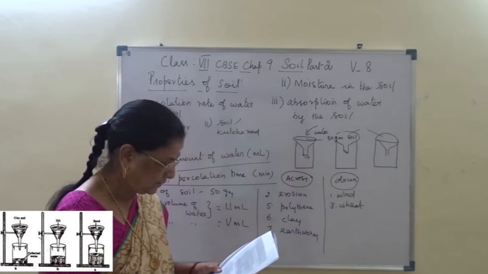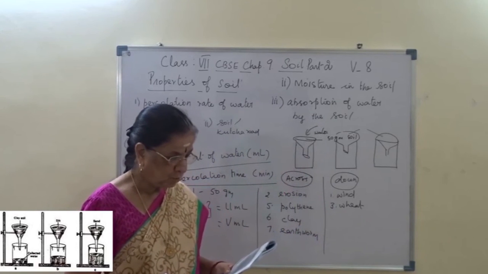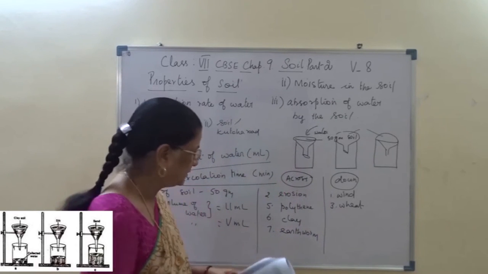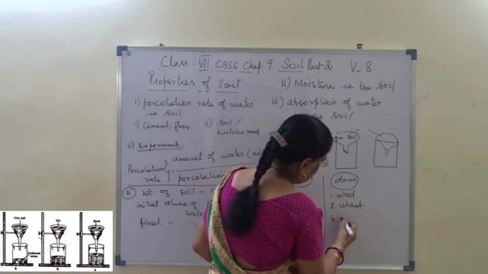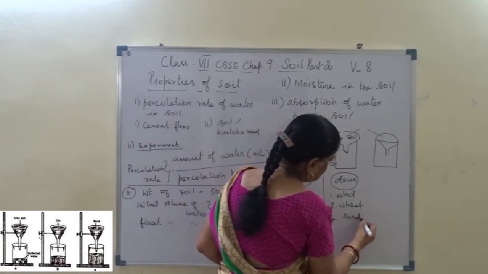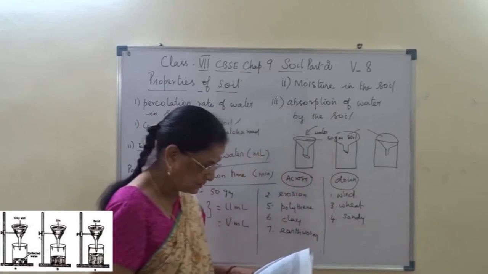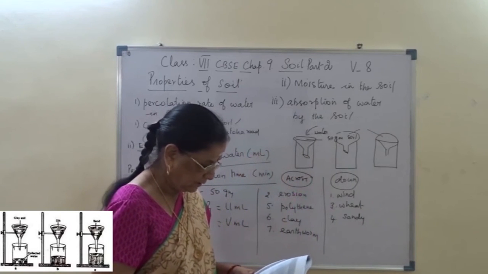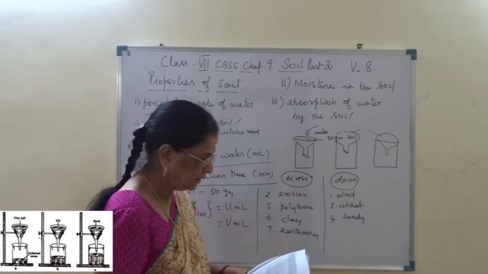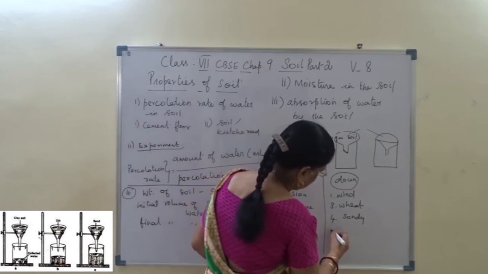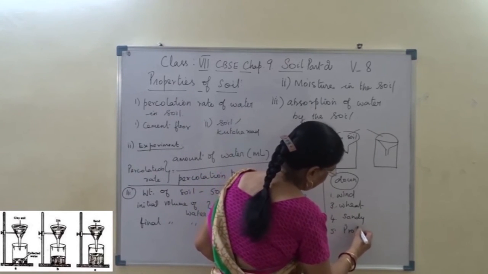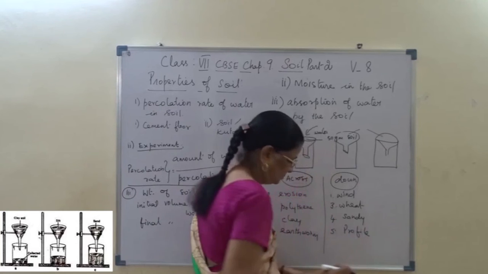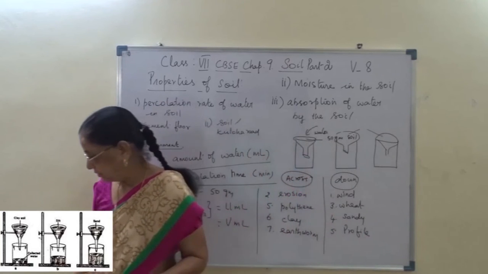Then fourth one, this type of soil can hold very little water, sandy. This is sandy. The last collective name for layers of soil, it is profile. It is profile. I hope you are able to follow this.